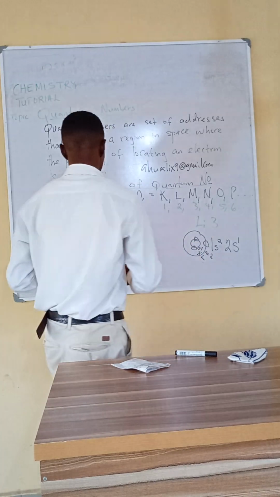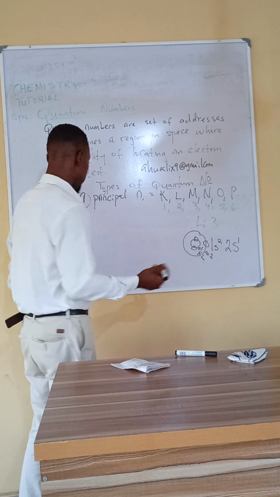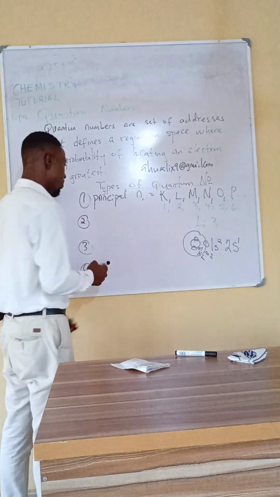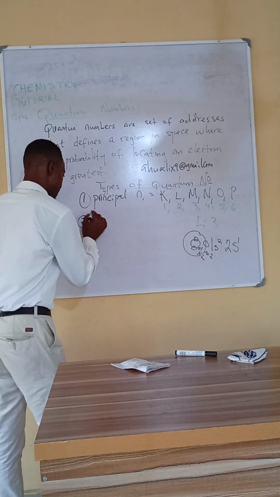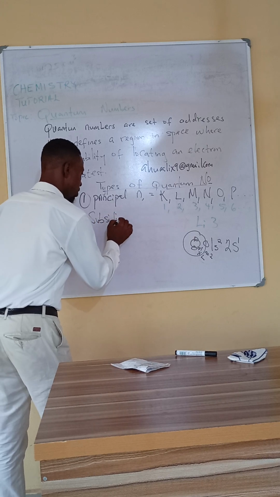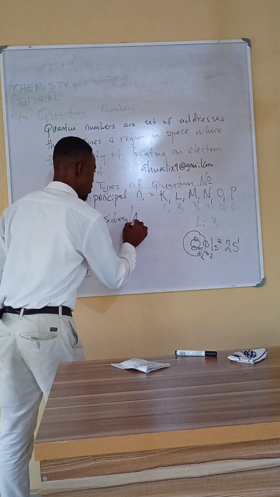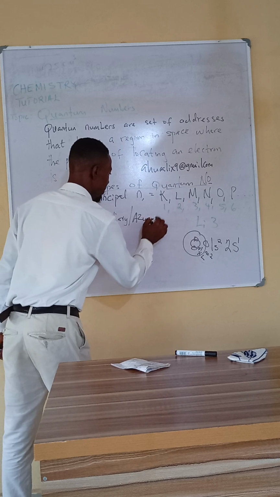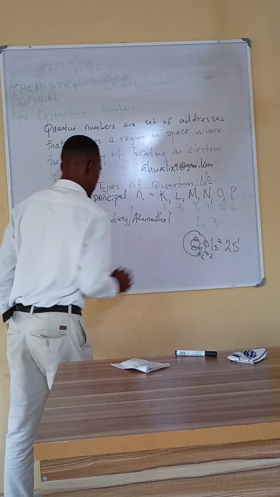All right, so let's take a look at the second quantum number. The second quantum number is the subsidiary or the azimuthal quantum number.